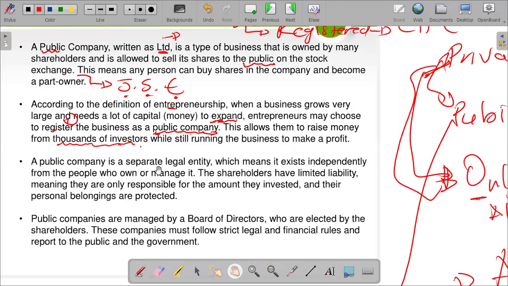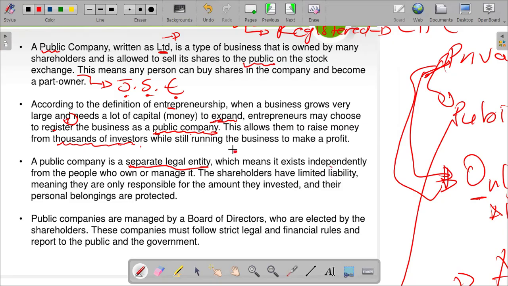So a public company is a separate legal entity. Remember, I told you about limited and separate. Limited is more like separate. It means that the company is separated from the owners. Separate legal entity means it exists independently.